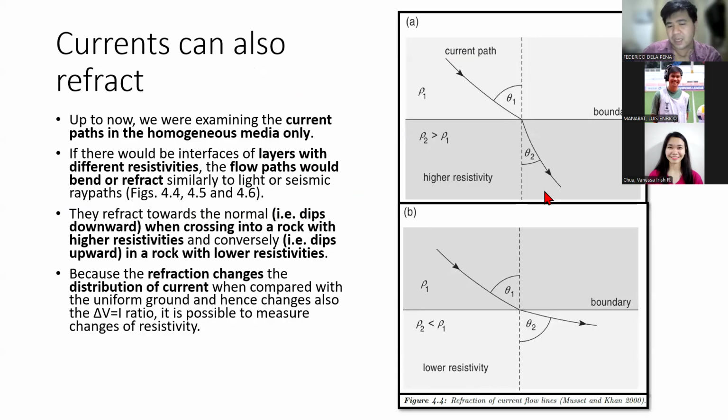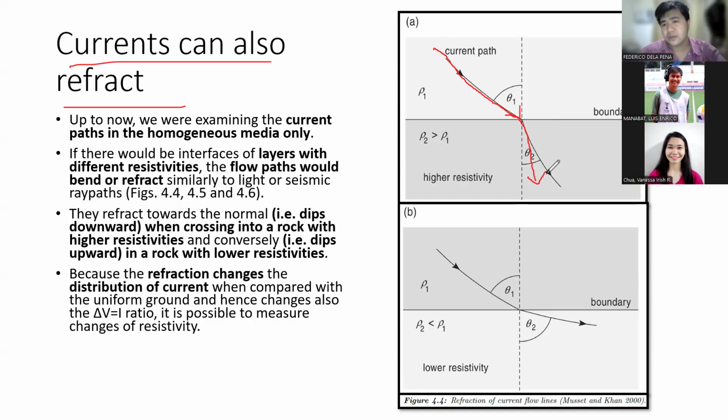Again, at this point, our life is already complicated, and fortunately, we have another thing to deal with. Currents can also undergo refraction. What is this? To simplify how this works, whenever you have a current and it encounters a layer with a higher resistivity, the tendency of your current is to follow a steeper path, right?